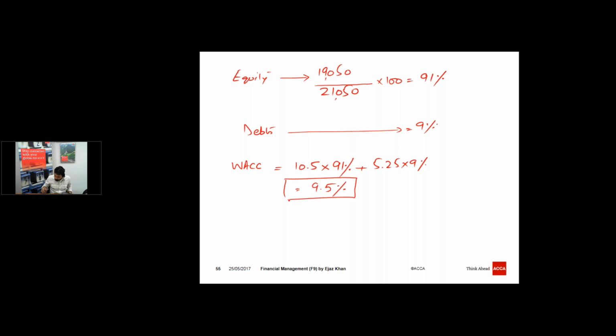Yes, it's 10.02%. It's 10.02% or approximately 10%. Yes.